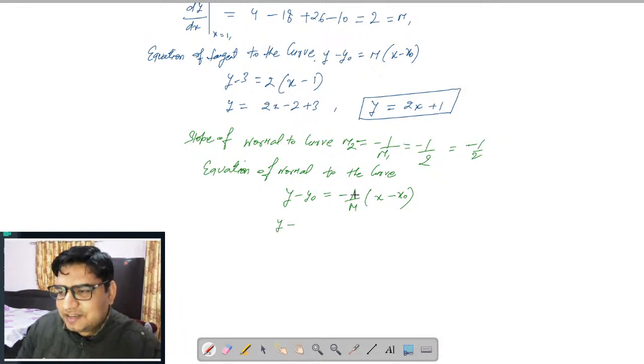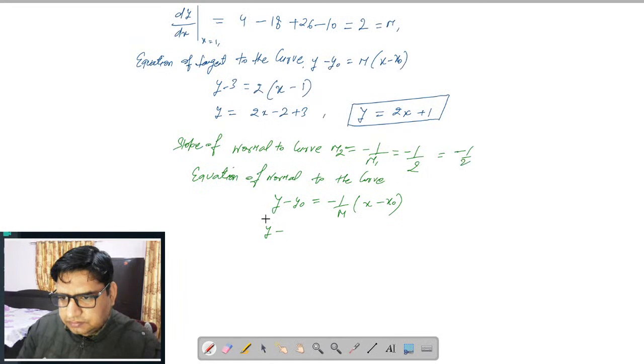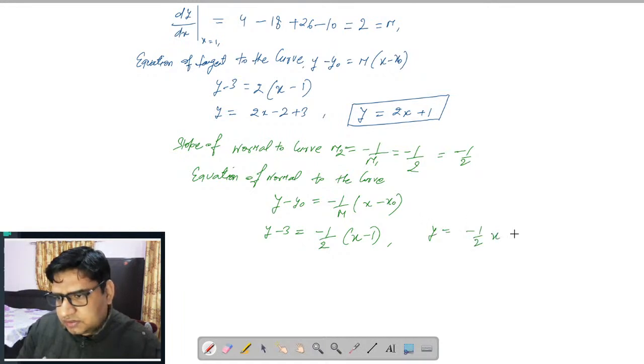Here y naught is 3, so y minus 3 equals minus 1 upon 2 times x minus 1. That results in y equals minus 1 by 2 x plus 1 by 2 plus 3.